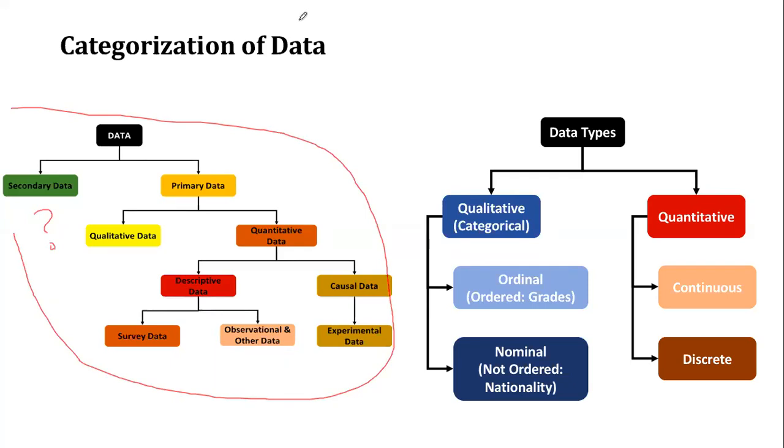Can someone give me an example for continuous data type? Can someone type in the chat an example for continuous data type?